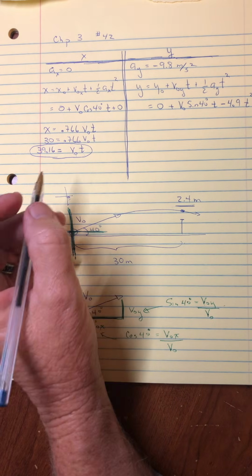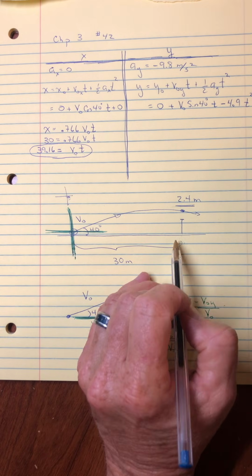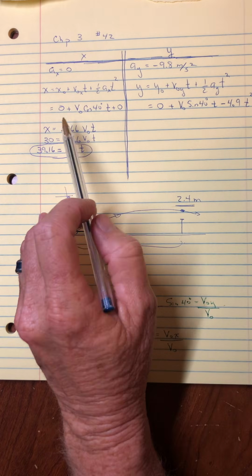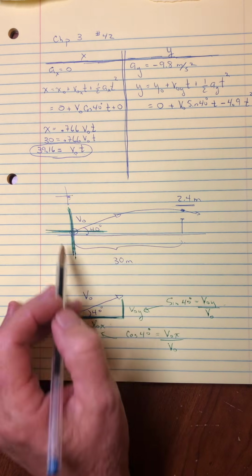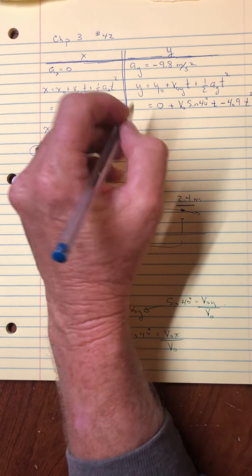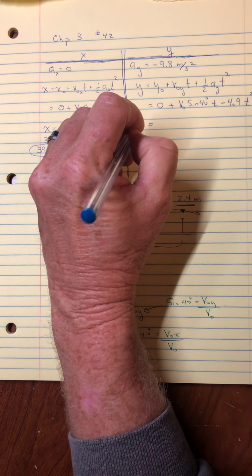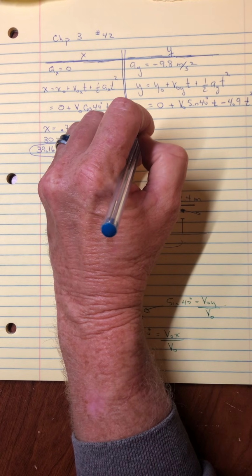And now you can begin to see, if I put in the information that I have, like we did for the x, I'm thinking of this time as when it went over 30 meters. I can think of this time as when it is at some height crossing the goal, which is 2.4 meters.